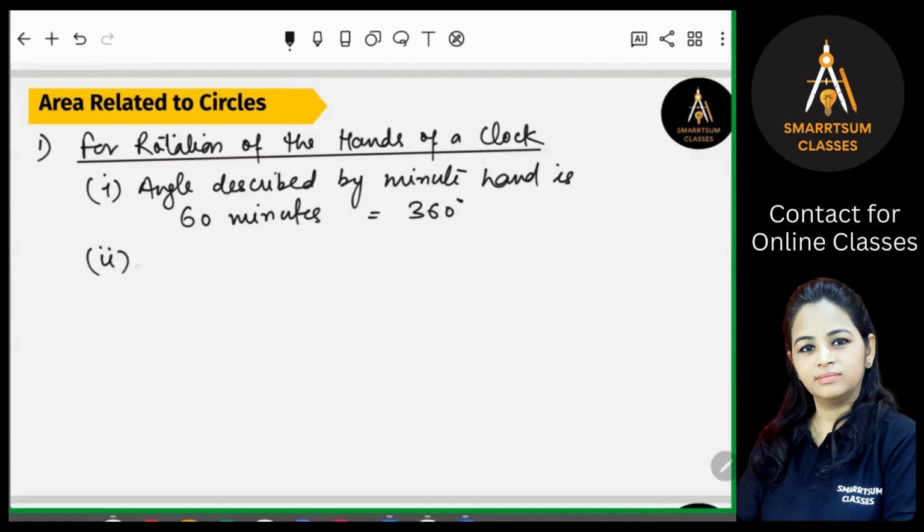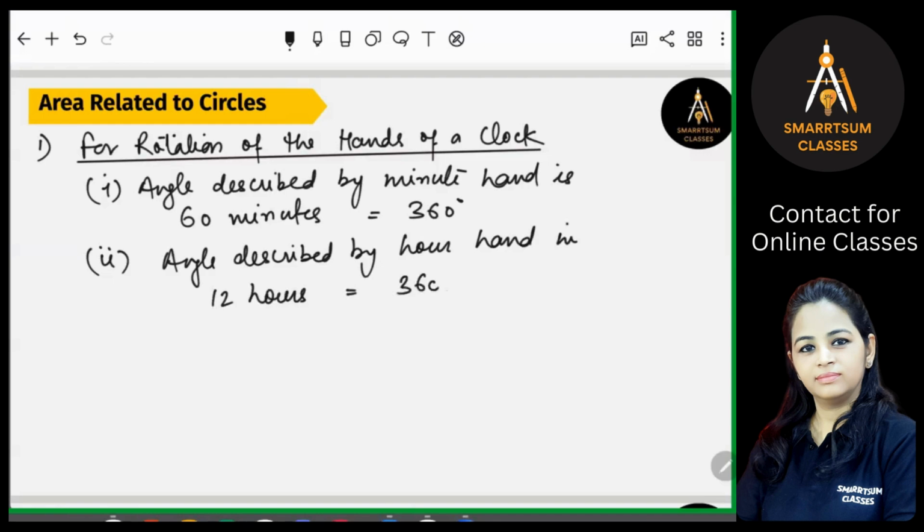Second thing, angle described by the hour hand in 12 hours is also 360 degrees, right?